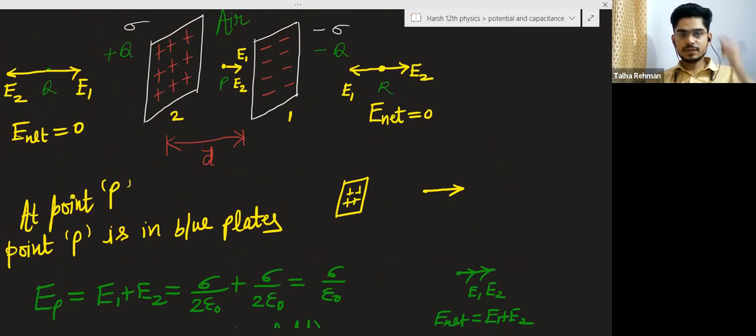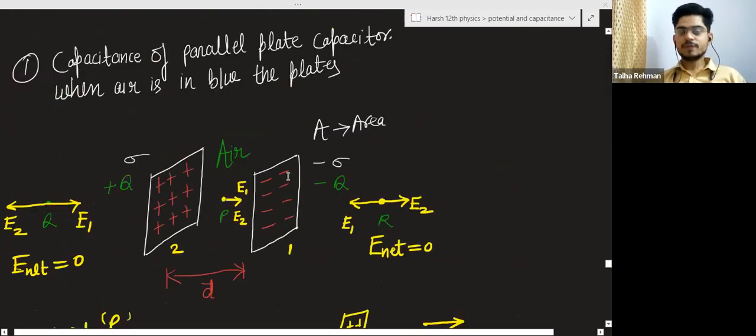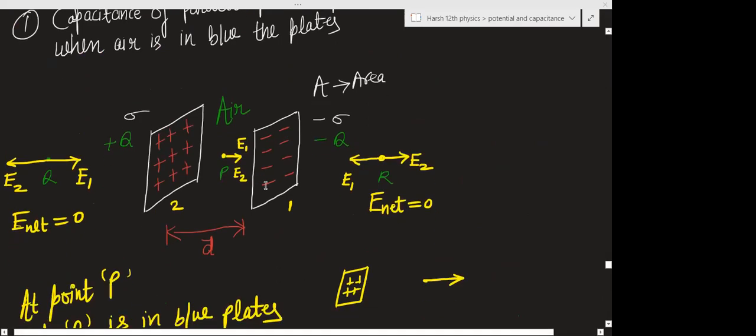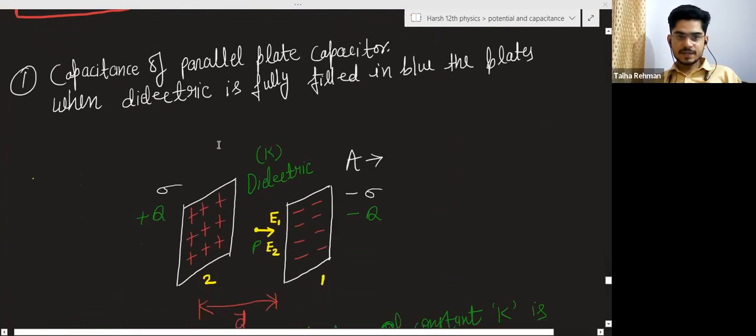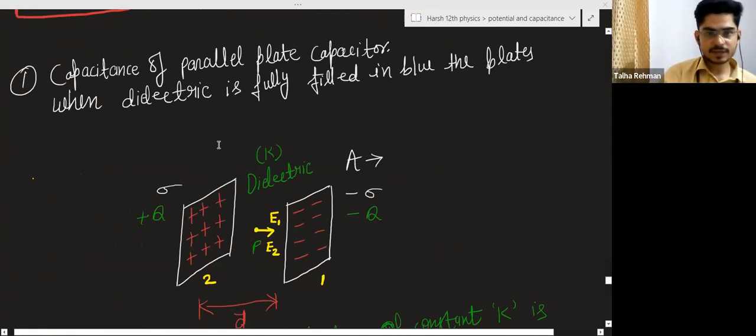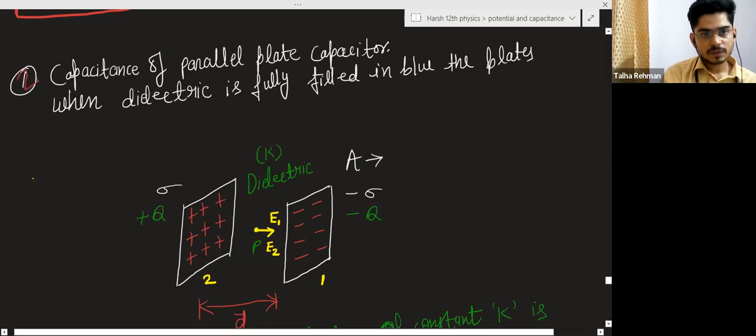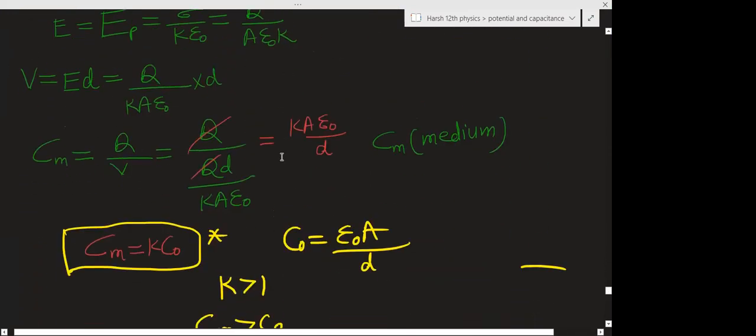In the first case, we have calculated the capacitance when air is present. In the second case, we have calculated the capacitance when dielectric is fully filled in between the plates.